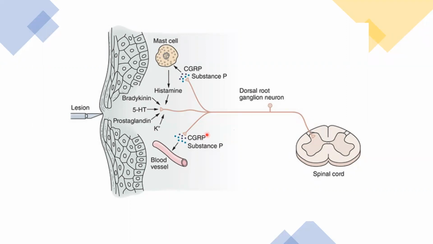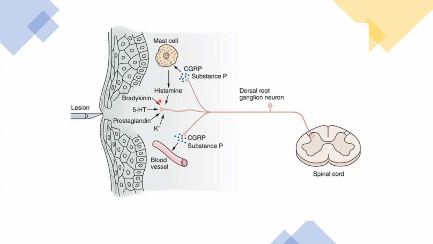So tissue injury releases bradykinin and prostaglandins that will then sensitize nociceptors. This one is your nociceptor, which in turn will release substance P and calcitonin gene-related peptide, which is CGRP. Substance P will then act on your mast cells to cause degranulation and release histamine, which causes activation of your nociceptors.